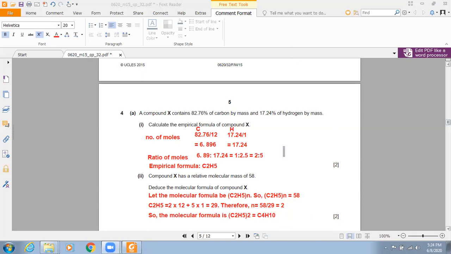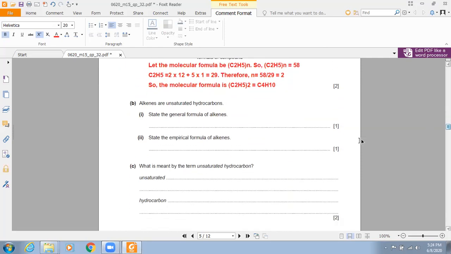Okay, so let's go for the next one then. Alkenes are unsaturated hydrocarbons. State the general formula of alkenes. So what is the general formula of alkenes? This is CnH2n.